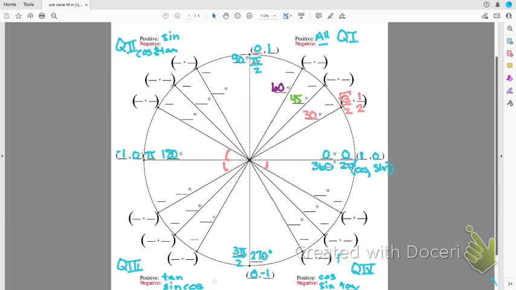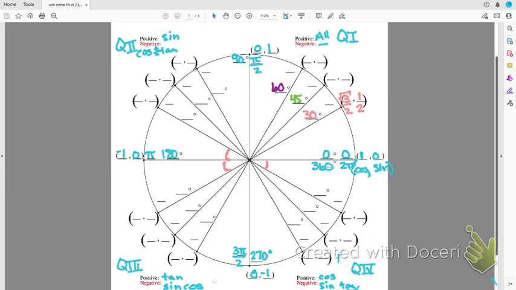Because these are all how far away from the x-axis, guys? What's the angle between it and the x-axis? 30 degrees. 30 degrees is that reference angle. Reference angle is the distance from the x-axis. It's a positive acute angle.